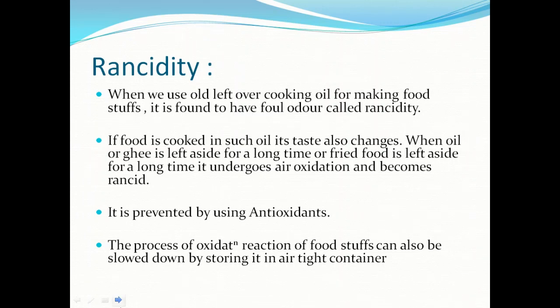Rancidity in foodstuff cooked in oil or ghee is prevented by using antioxidants. The process of oxidation reaction of foodstuff can be slowed down by storing it in an airtight container.